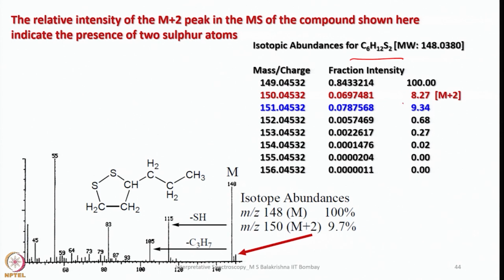You can see the M plus 2 peak having a fractional intensity of about 8.27. So that is seen here as 9.7, they say it's 8.27. And then for isotope abundance, m/z 148 is M, which is 100%. m/z 150 is M plus 2, which is about 9.7% here.